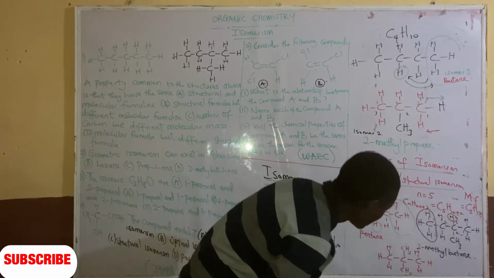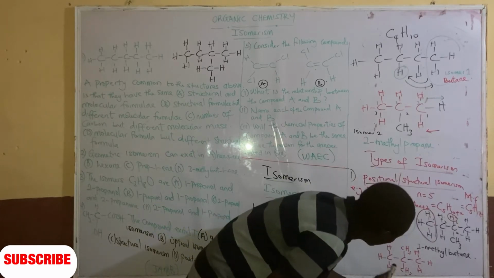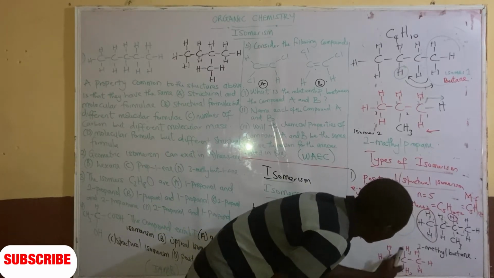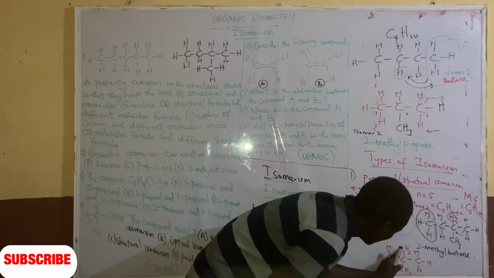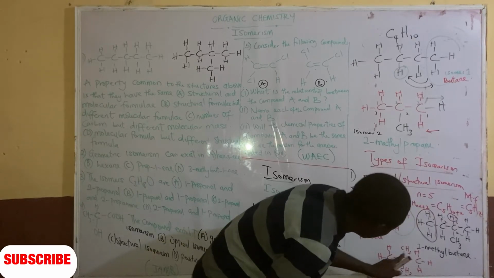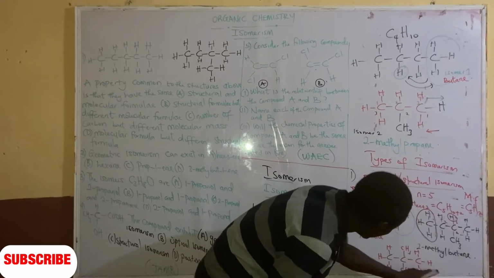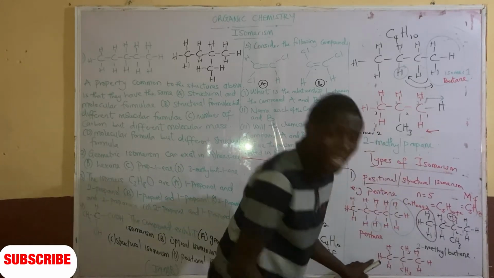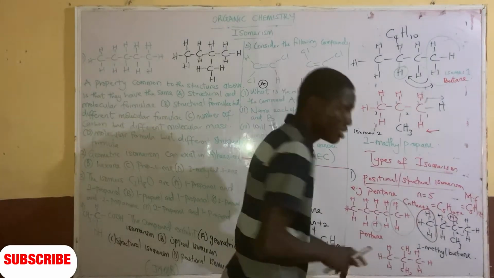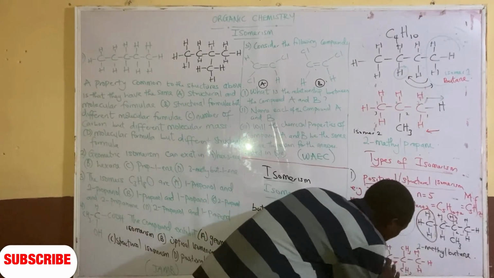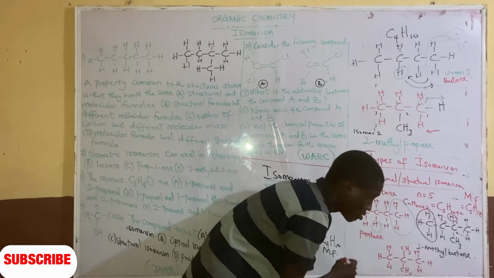If you count it, you still see that we have the same number of carbons: 1, 2, 3, 4, 5. We have 3 hydrogens here, 3 making 6, 7, 8, 9, 10, 11, 12. So we have the same number of hydrogens and carbons, but the name has changed and the structure has also changed.